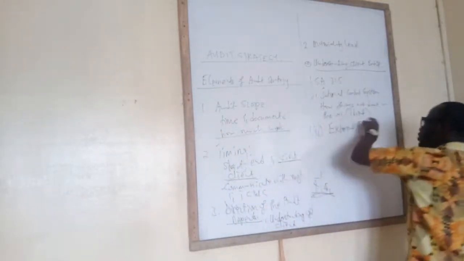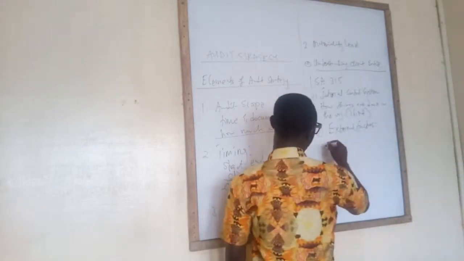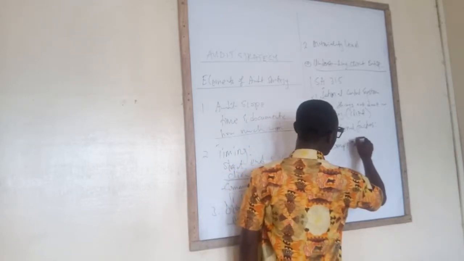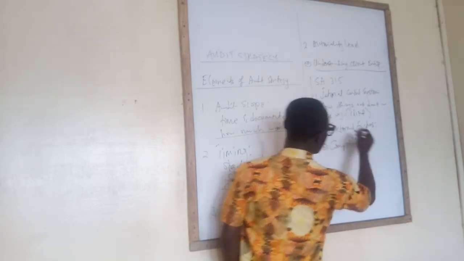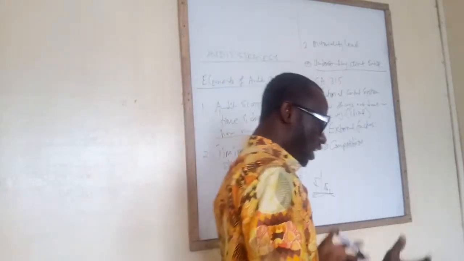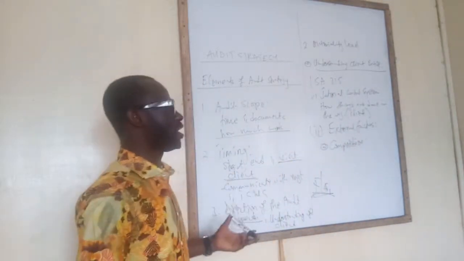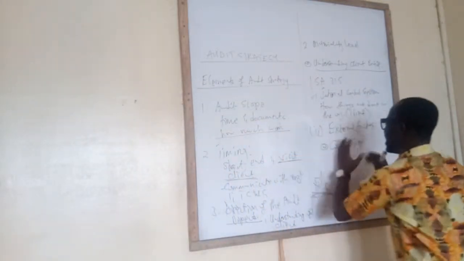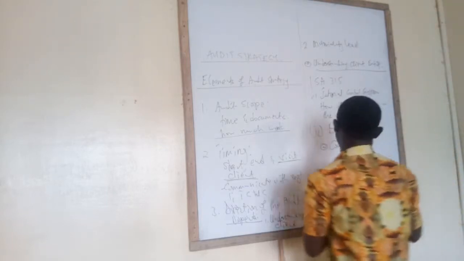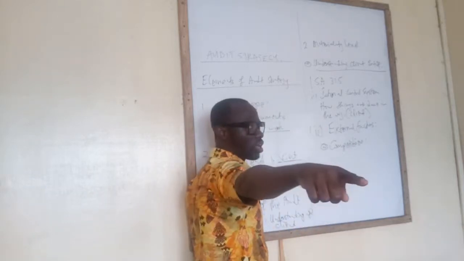Now, when we are talking about external factors, how do we look at that? The first external factor we can talk about is competition. We must understand the level of competition within the environment that the company is in. What does that mean? If the competition is high, it is likely that a lot of the company's inventory may be in stock.